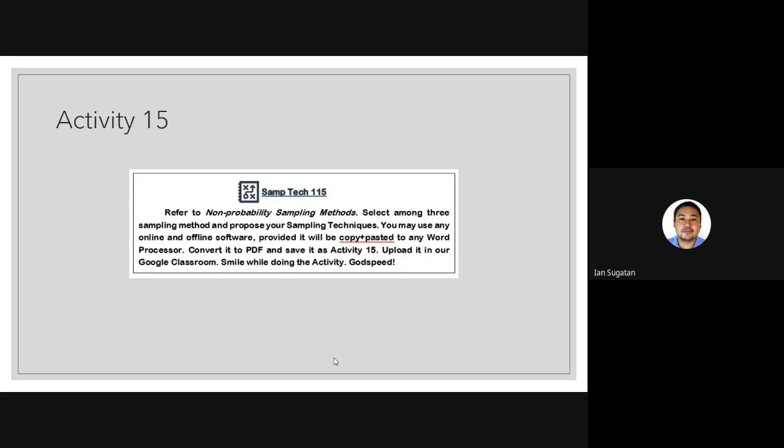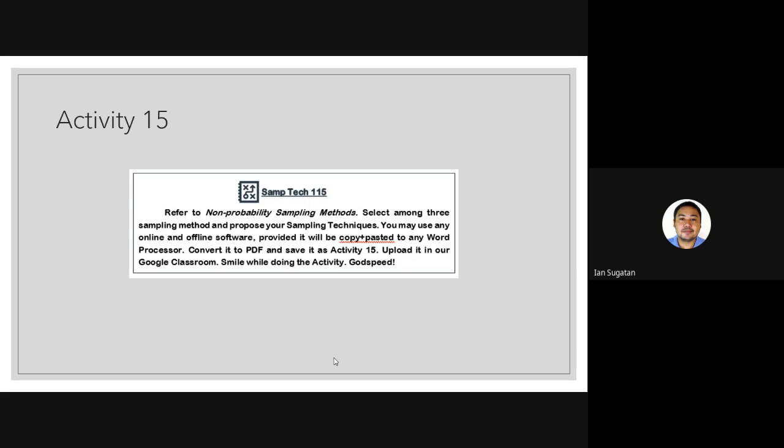So take note, you have to select among the three sampling methods and propose your sampling techniques. If you want to put up a sampling technique for probability, you may do so, as long as you have 2 out of 3 in non-probability.